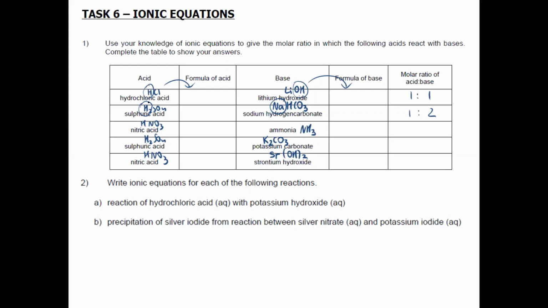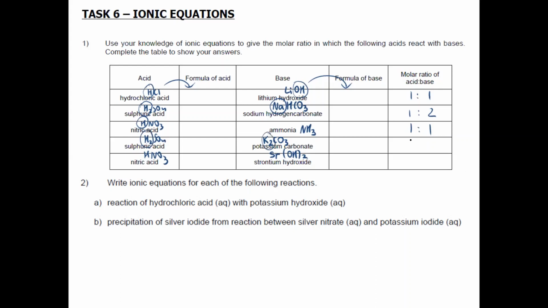Okay, next one, HNO3 and ammonia. What's going to happen is that ammonia will become an NH4 using this hydrogen. So it only needs one hydrogen to become an NH4, so the ratio is 1:1 because that's already sorted out in here. Okay, H2SO4, sulfuric acid, has H2, and potassium carbonate has K2.